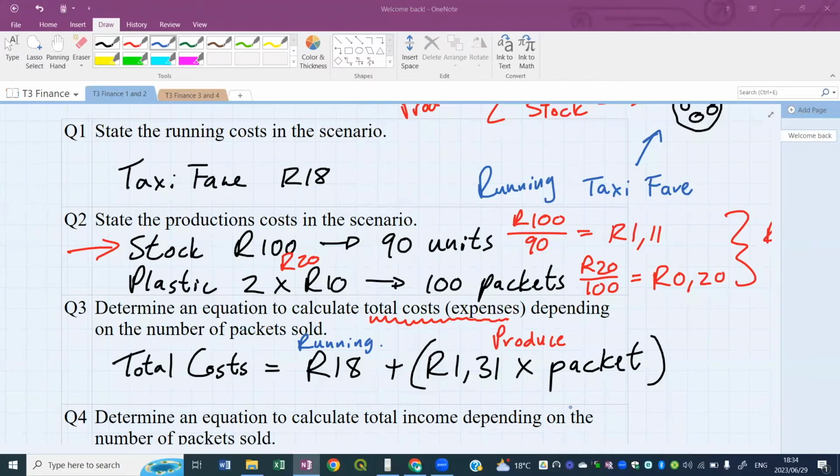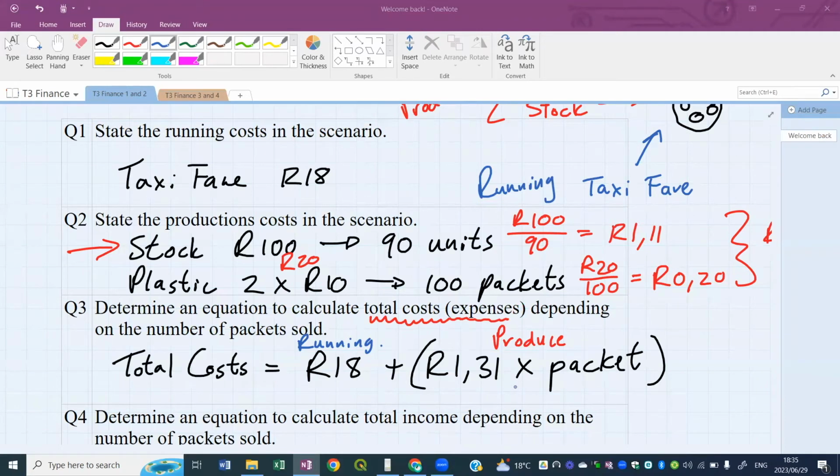The second thing is a production cost, a cost to produce. Now it costs the young lady 1 Rand 31 to produce. So how much does she have to pay in a certain day? We don't know. It depends on how many she makes, but according to this batch, she makes 90 units. We could work it out for any batch, actually, because we have a price per packet. We could work out how much it costs her for 20 packets if she made 20 packets.